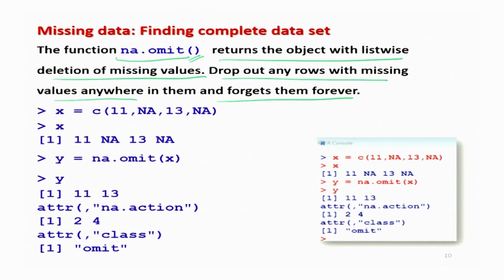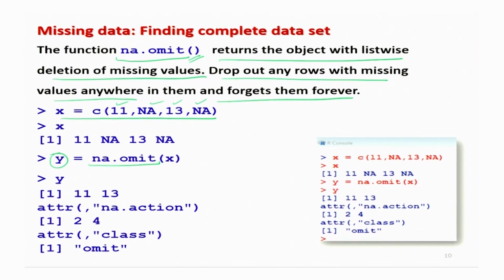So, let me explain this concept through an example. I take the same data set x is equal to c(11, NA, 13, NA), in which the data at the first and third position is available and the data at the second and fourth position is not available. So, I now create another data vector y, which is obtained by using the command na.omit and inside the parenthesis x.